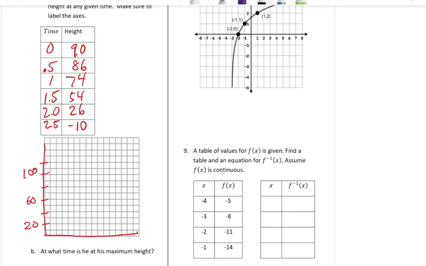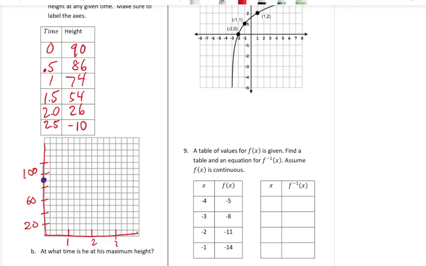So let's see, that would be 60, 80. That would be right about here. And then on the x-axis, we can do, I don't know, well, it happens really fast. So we could do every 4 is a 1.